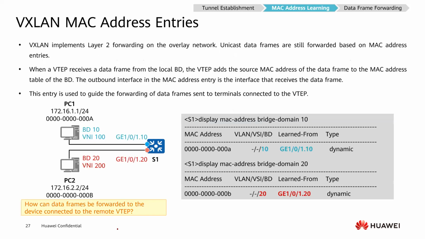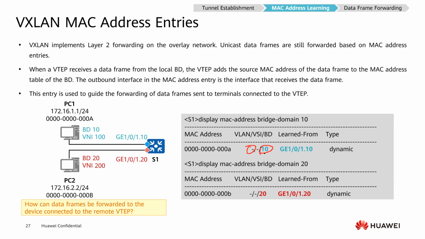And now let's look at the VXLAN MAC address entries. You will find that it is just the same as the traditional VLAN network. All right, you can find that it is reminiscent of the VLAN. Just one parameter is different. In the VLAN network, we use the command display mac-address, and in the output the parameter should be VLAN, but now the parameter has changed from VLAN to BD.